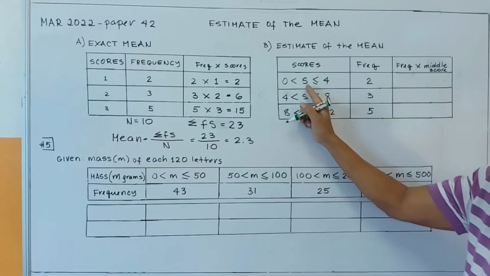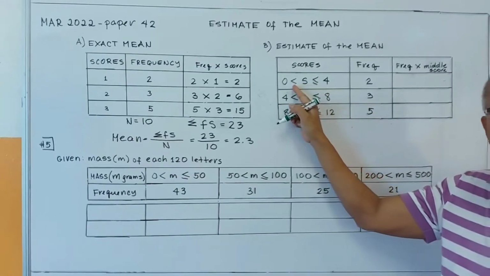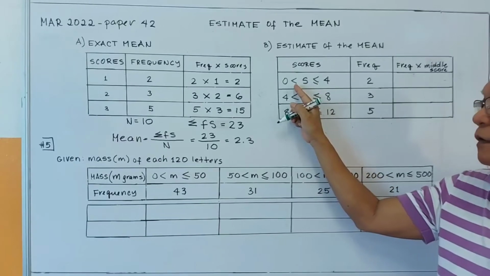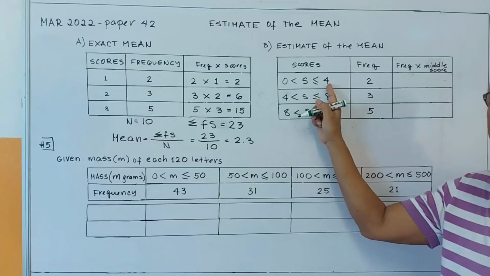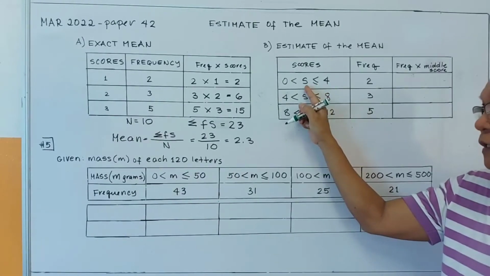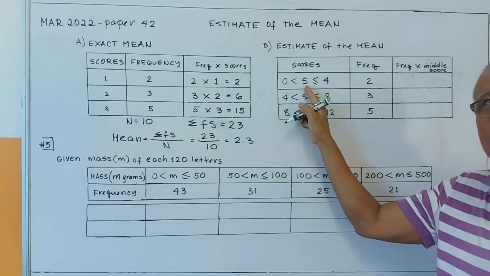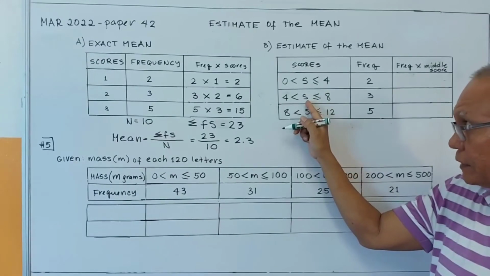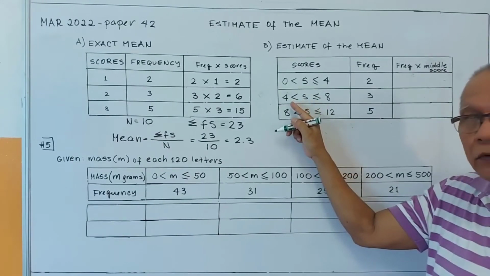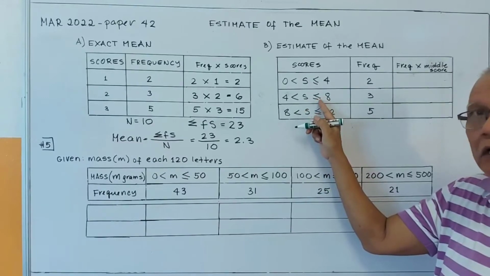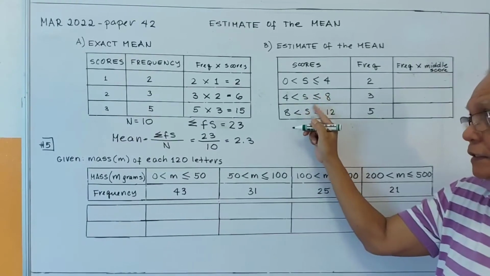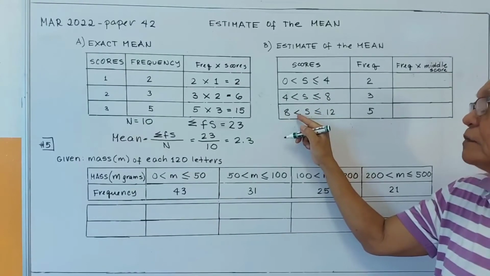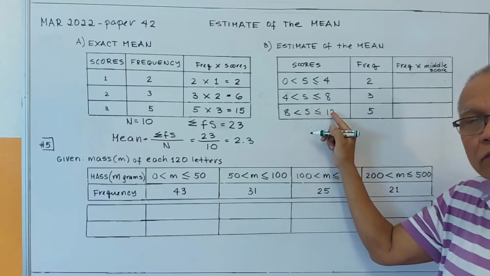So the meaning of this one is S is greater than 0, so there is no score of 0, but the score is equal to 4 or less than 4. So here, it is 1 to 4. In here, S is greater than 4, but less than or equal to 8. It means from 5 to 8. And this one is from 9 to 12.